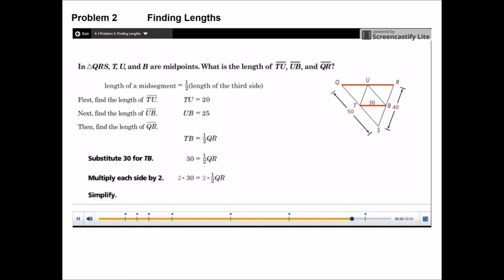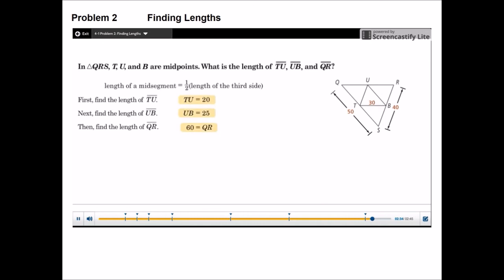Simplify. So the length of segment TU equals 20, the length of segment UB equals 25, and the length of segment QR equals 60.